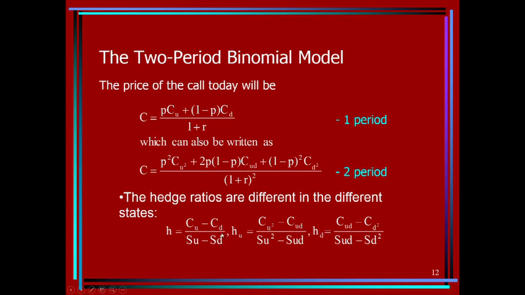So the hedge ratio, if it goes up, will be this value. If it goes down, will be this value. Is there any question on this slide? Any question?